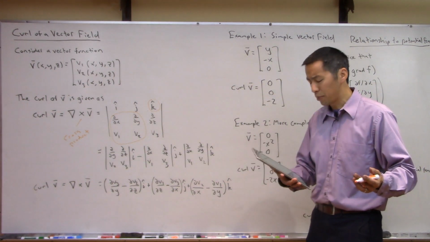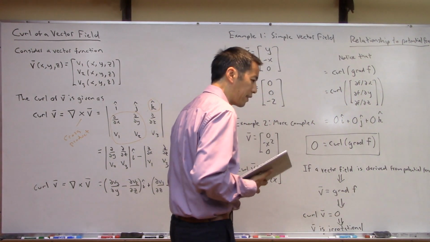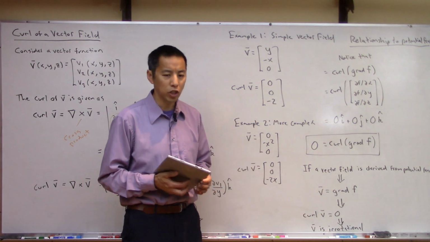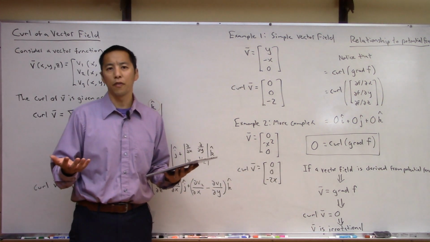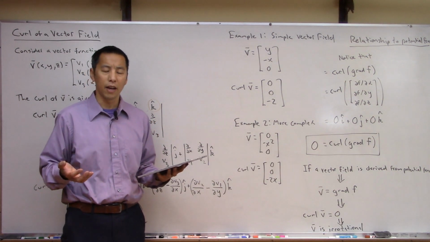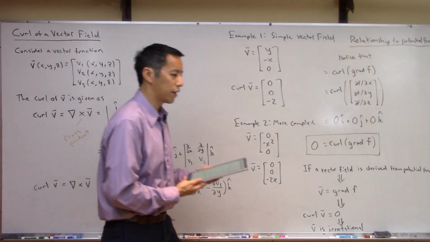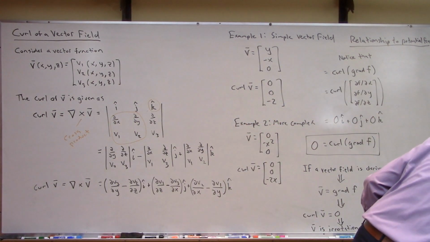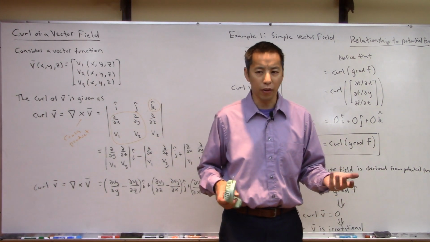Let's look at an example of this, and it might help to think about what curl helps measure. If you consider this vector field v to be describing something like fluid flow, you might think of fluid flowing past a ball or something like that. I don't know if I have a ball that I can steal here.